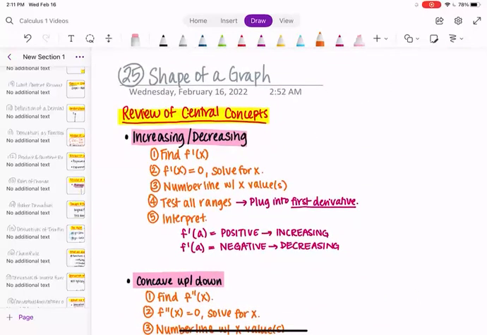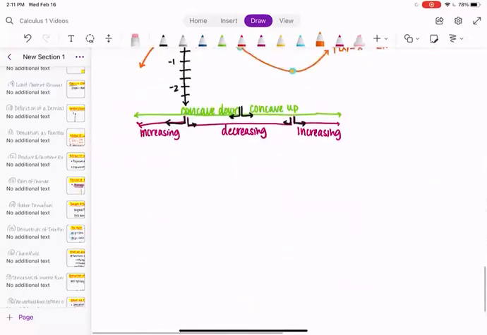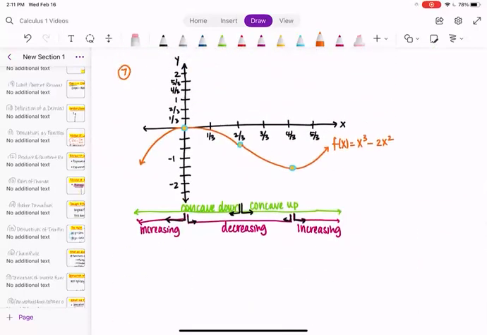You can do it by plug and chug, which is super annoying because to get a shape this good, you're going to have to plug in a bunch of numbers. Whereas opposed to this, we built this graph with just 3 points. That's super helpful, because if I didn't know that this was a cubic function and I didn't know that the ranges were increasing and decreasing at these points, I could connect them like this.